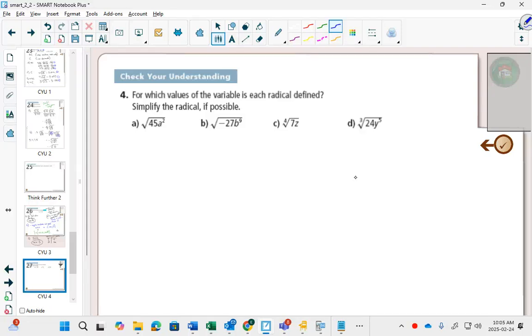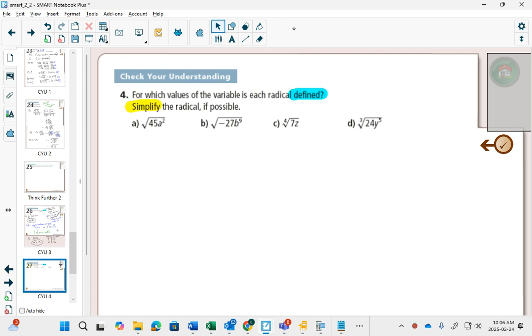So again, the first sentence here is asking us where things are defined. And then it says simplify.